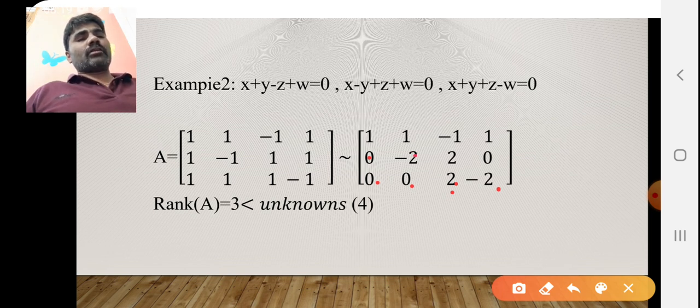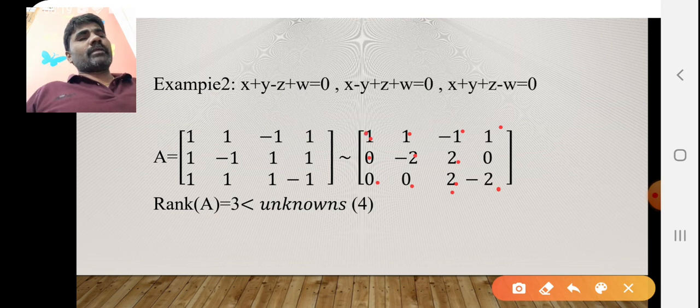Again from the second row, minus y plus z equals 0. That means y equals z, and since z equals w, y equals z equals w. And again using the first equation, x plus y minus z plus w equals 0, and y minus z is already 0 here.